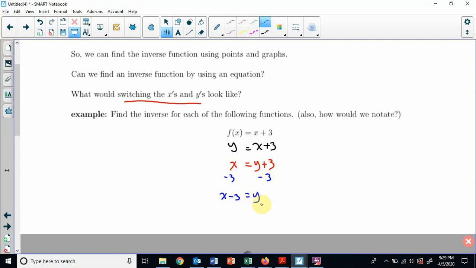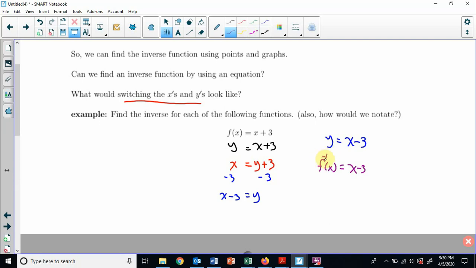Now, I would like to write this y in a fancy way. I'm going to write it over here. Instead of y, I'd like to write it in function notation. Now, I don't want to call it f of x because this is a different function than that one, right? So what we do is we say, okay, this is the inverse. Let's just call it f to the negative 1 power of x. This is not literally the negative 1 power.